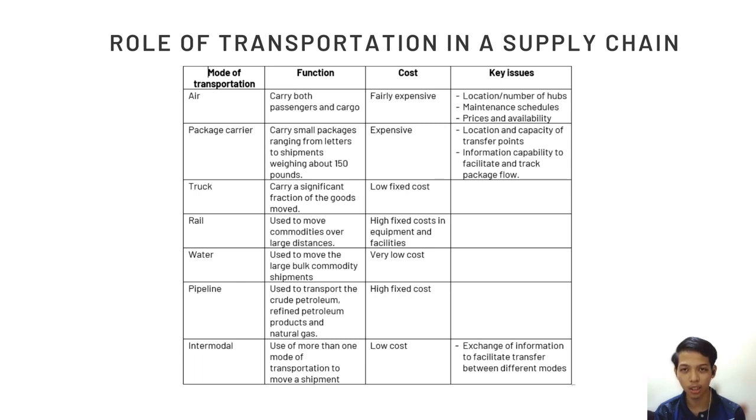The advantages of an intermodal system include lower costs than truckload. The exchange of information to facilitate the transfer of shipments between various modes is one of the intermodal industry's major problems.